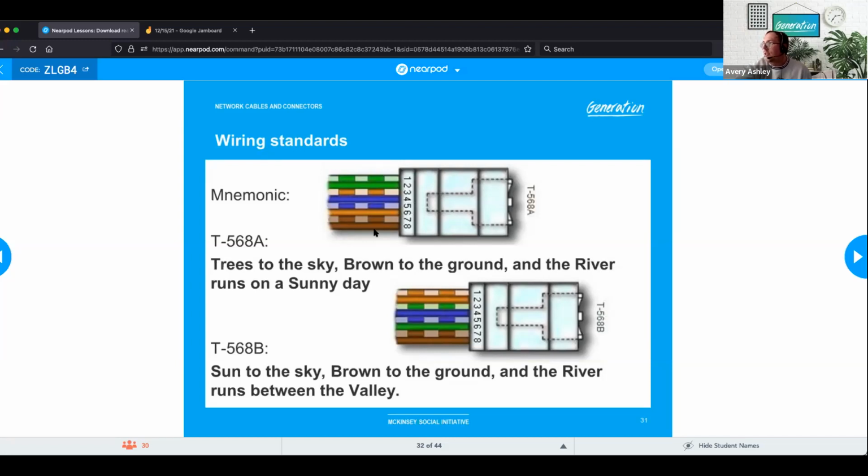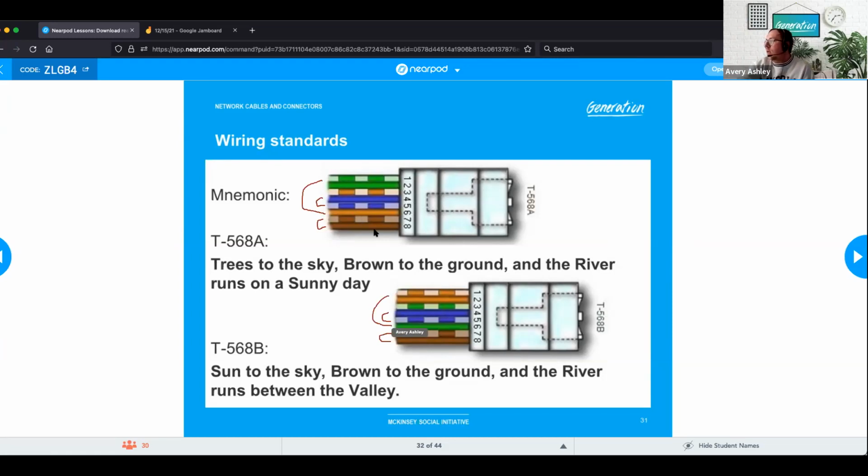You'll notice that brown and blue are the same on both of these. Your blue and your brown do not change, no matter which standard you're using. The only things that change are your green and your orange.